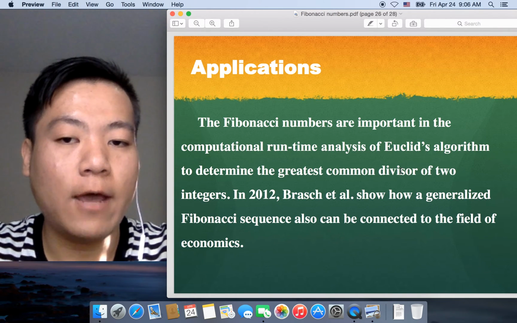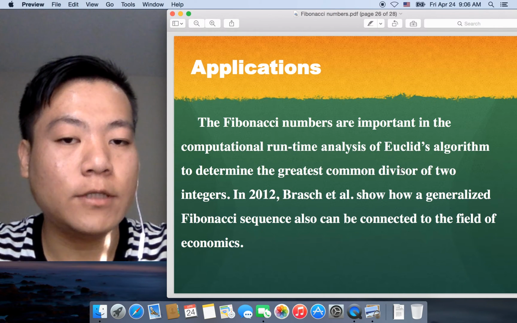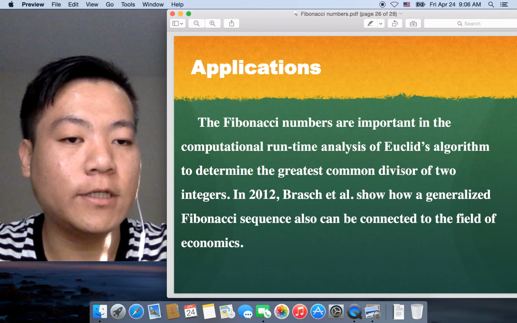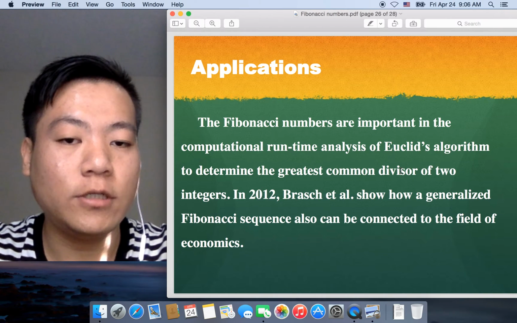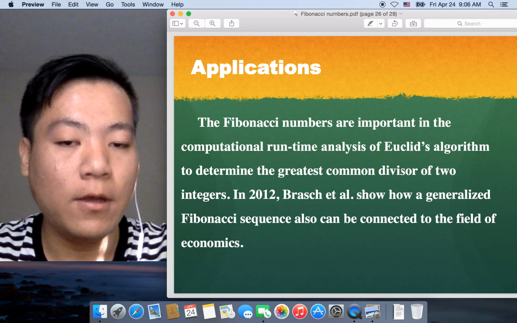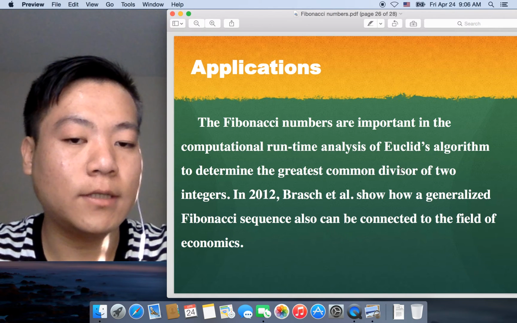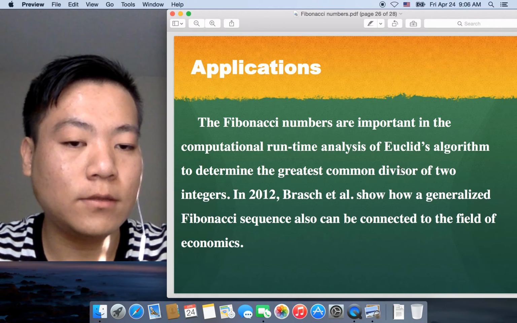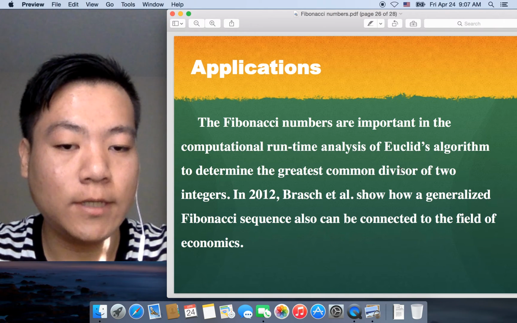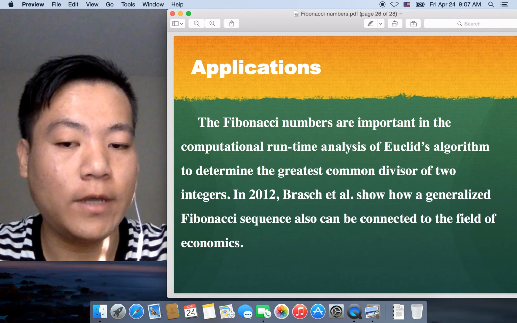Fibonacci numbers have many applications. The Fibonacci numbers are important in the computational runtime analysis of the Euclidean algorithm to determine the greatest common divisor of two integers. In 2012, Brice showed how a generalized Fibonacci sequence can also be connected to the field of economics.